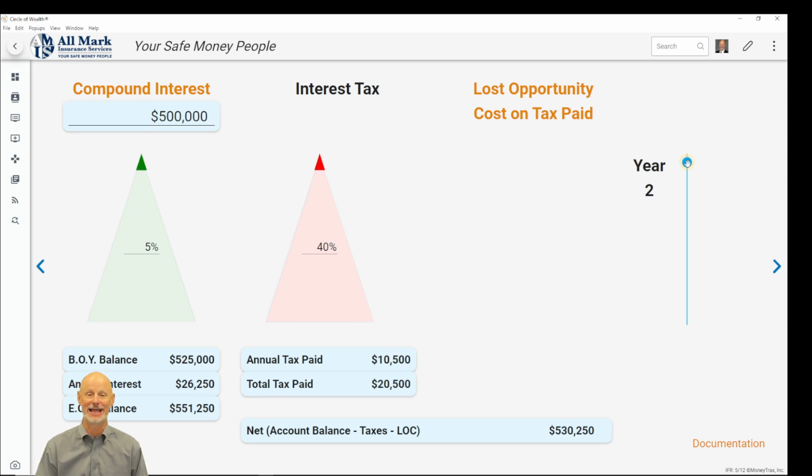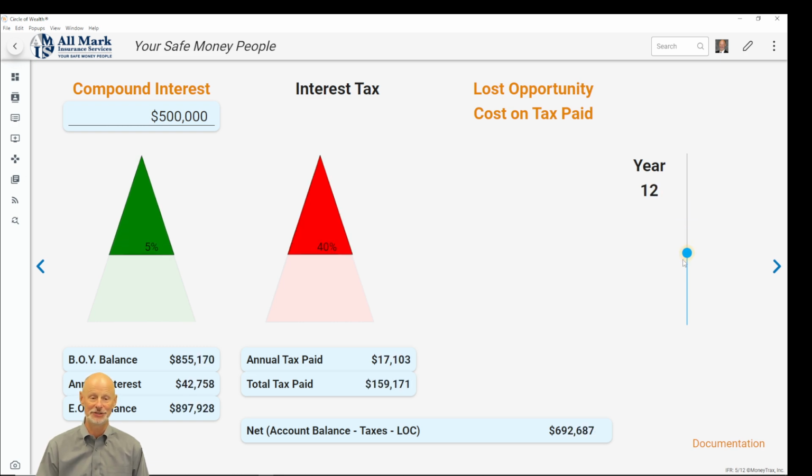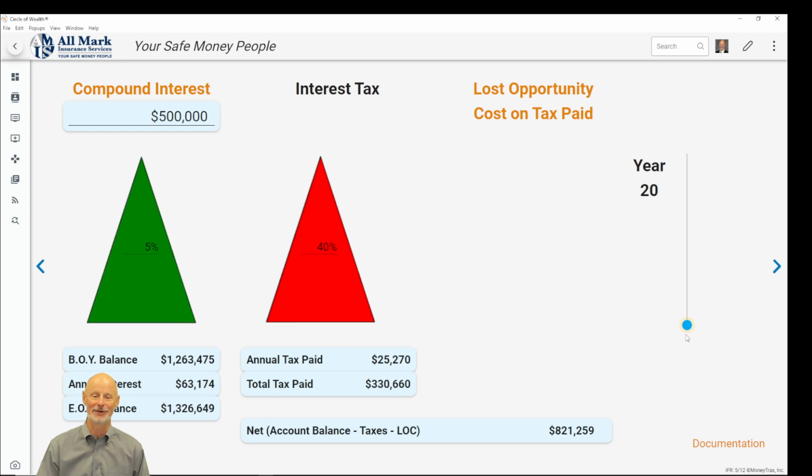So as we go down the line here, you can see that each year that annual interest is $44,896, then it's $47,000, then it's $49,000, and each year we compound inside of that account, the taxes are going to increase going forward.